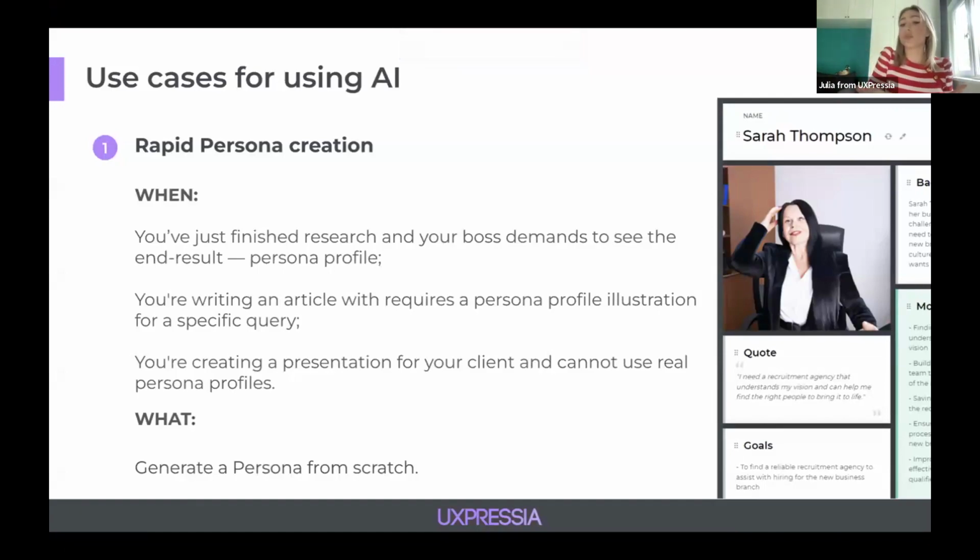For example, you just finished the research and your boss insists on making the persona as fast as possible, not giving you enough time. So you can just use artificial intelligence for that. Or if you're preparing a presentation for the client and it's forbidden to use real persona profiles, you can use the persona image maker.